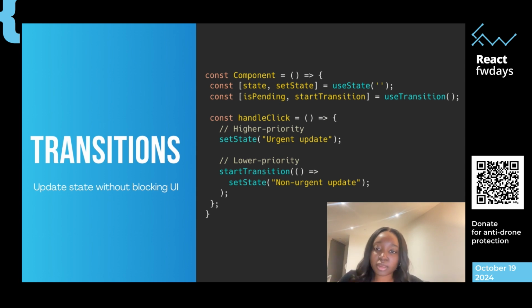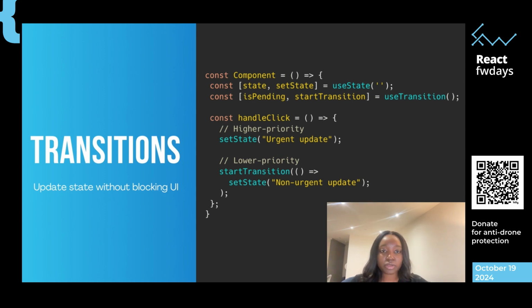So starting with transitions, like I just shared, concurrency in React is basically being able to handle multiple things at once. And in order to do that, it determines what's high priority and what's low priority, which is what the scheduler does, right? So transitions are basically a hook.